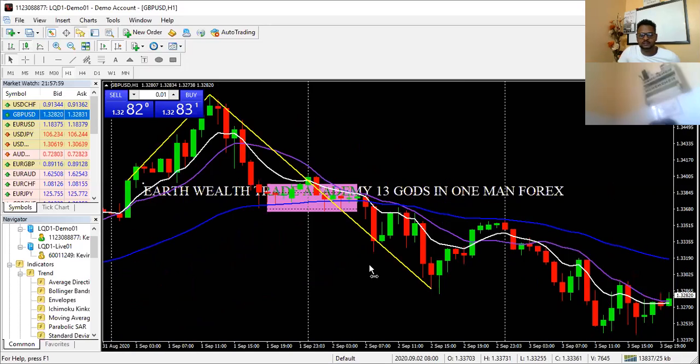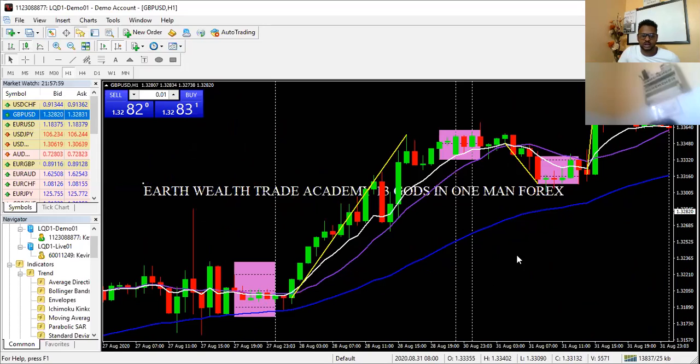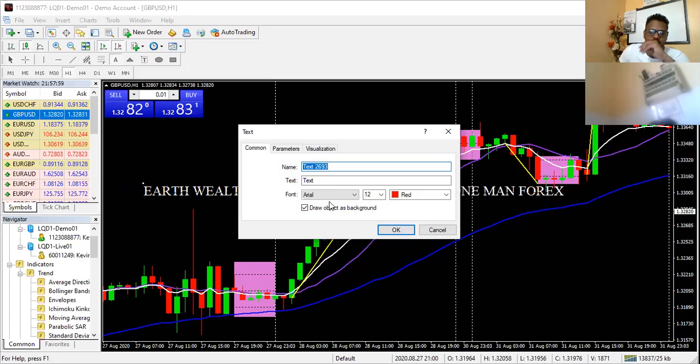So while this is happening, we're just going to use this part of the chart, and it's consolidating. So this here goes across, consolidating. So we're going to put it here that the market is consolidating or contracting.